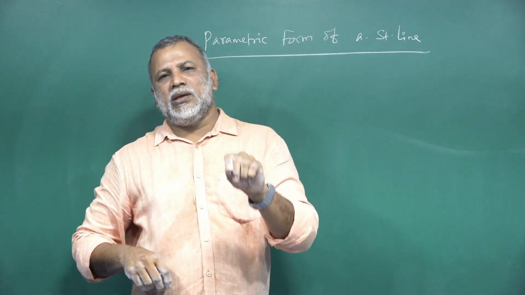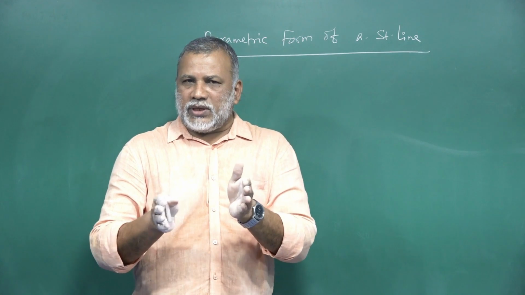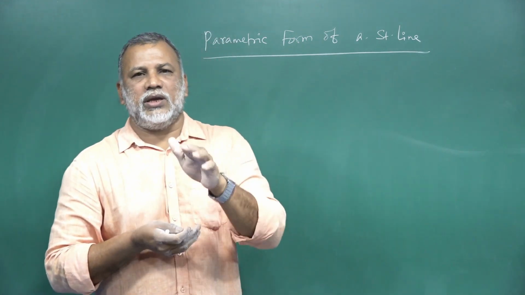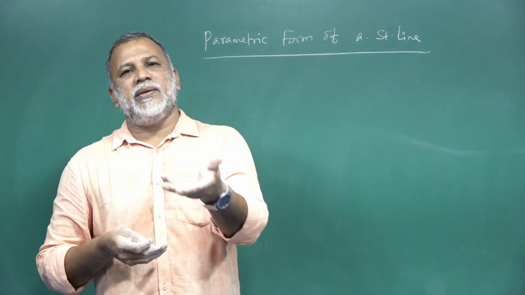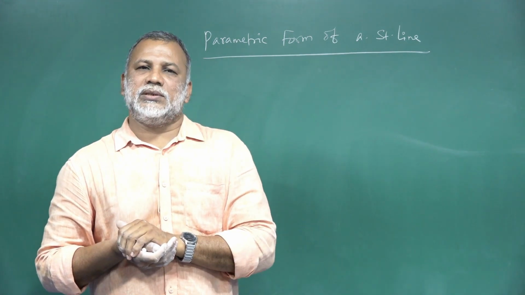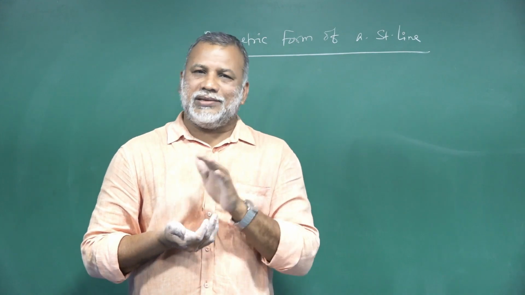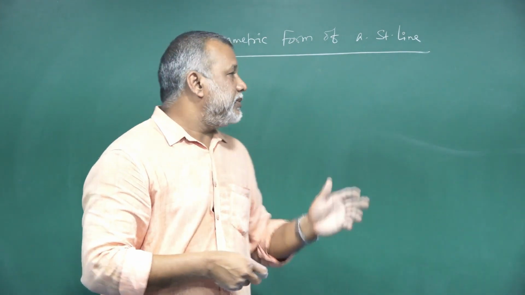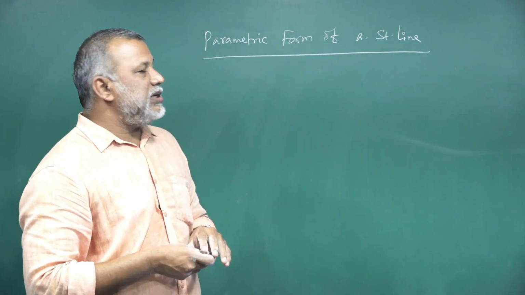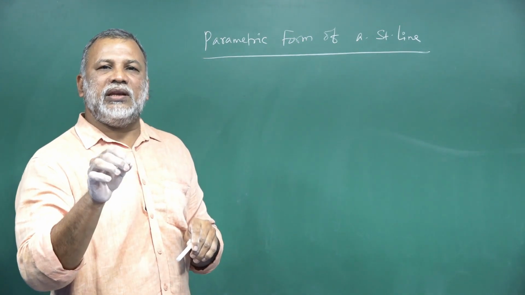That means using the system of the locus of a point we are working out. In that we are using the word parametric, where theta is the parameter, where t is the parameter, like that. The same type here: parametric form of a straight line.